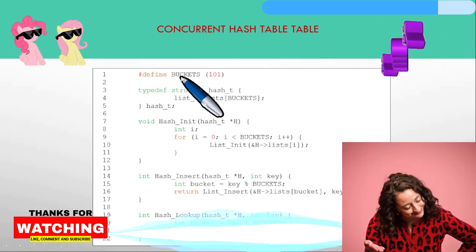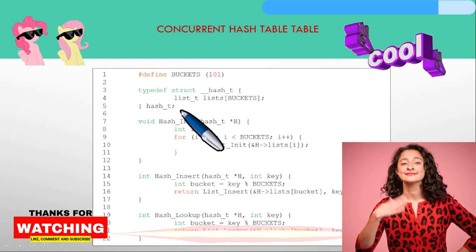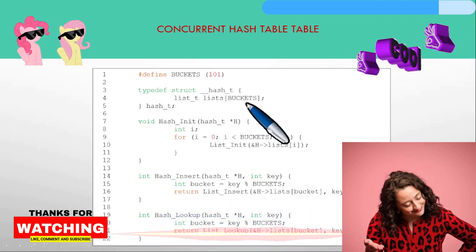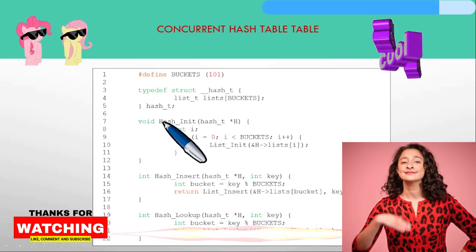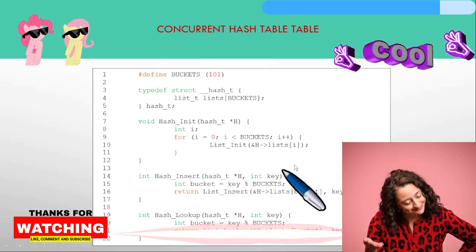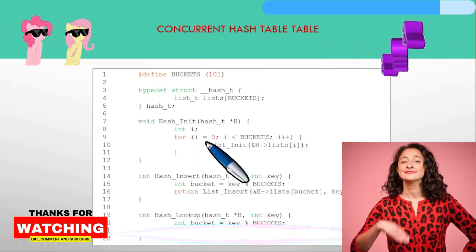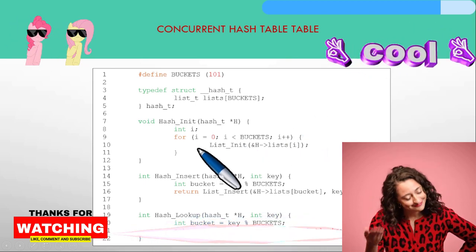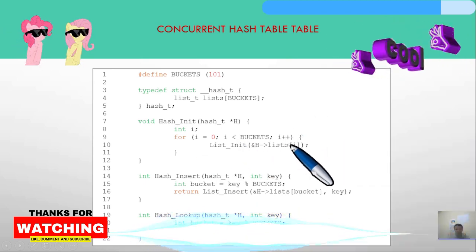We have the definition here: bucket 101, the hash key, list, bucket, and hash initialization. We have a function here for i equal to 0, i less than bucket, and we increment it. Then the list initialization is here.